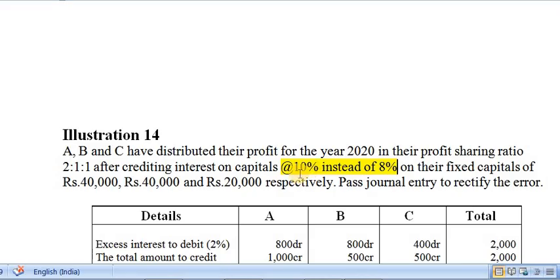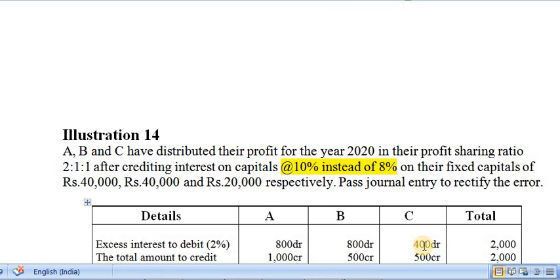So the ratio is 2:1:1. And capitals are 40, 40, 20. 2% of 40 is 800. Again, 2% of 40 is 800. And 2% of 20 is 400.